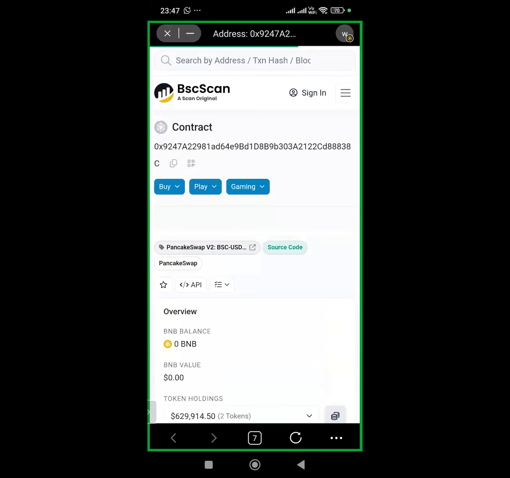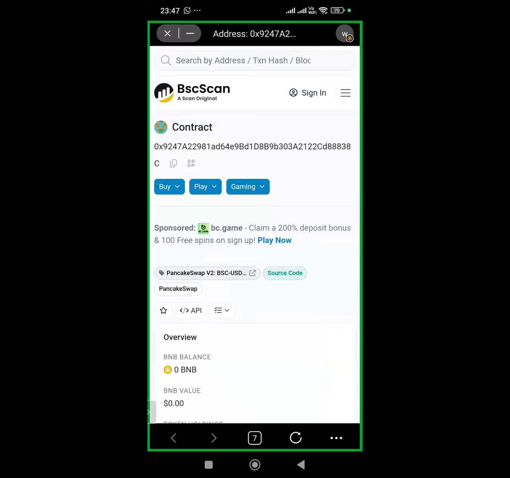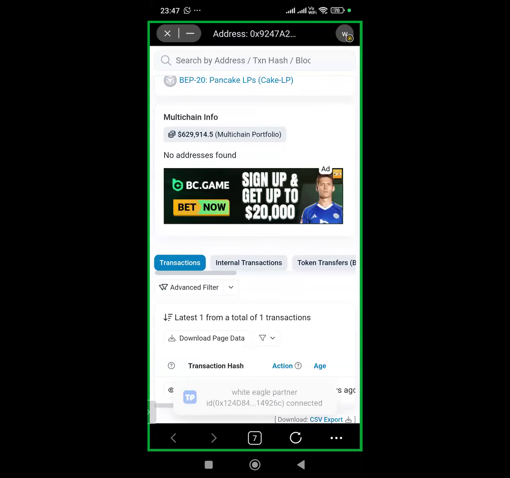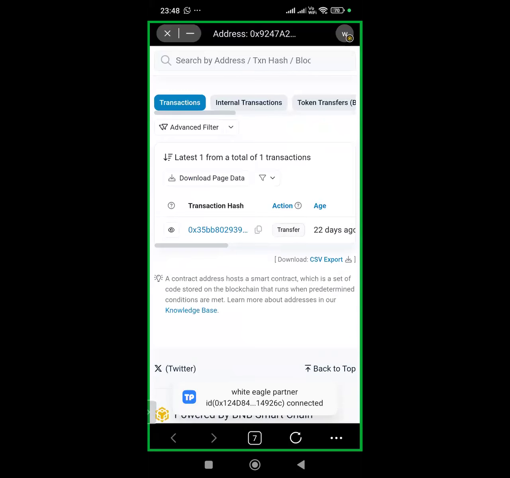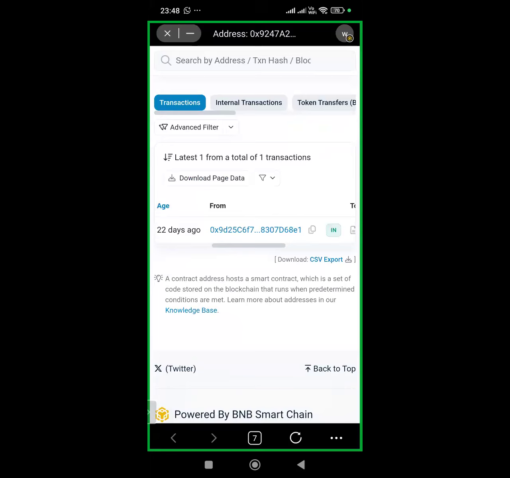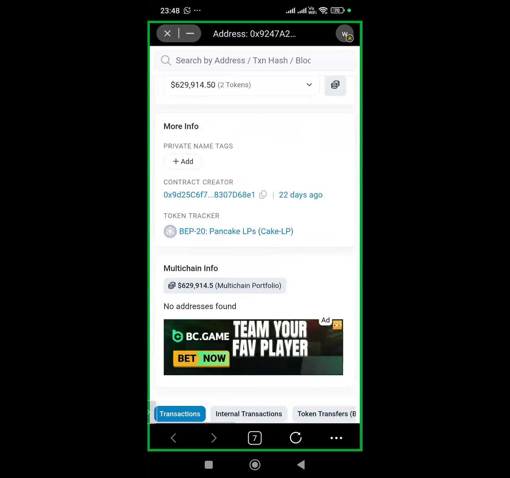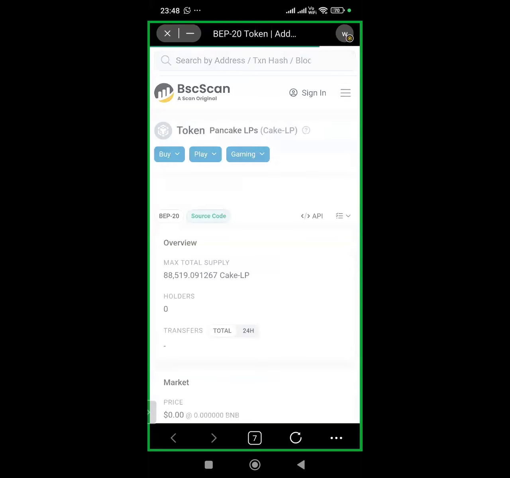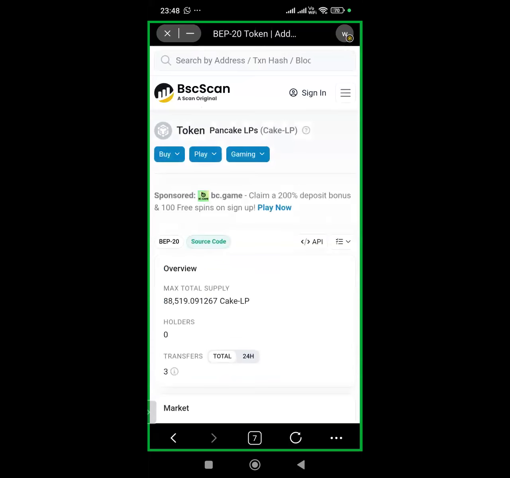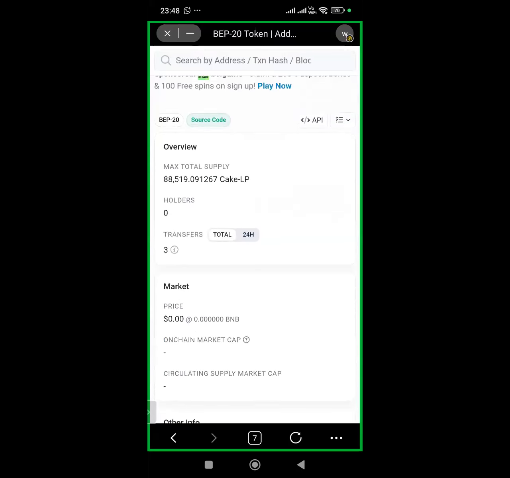You use this liquidity wallet. You can see here, 22 days ago, he put liquidity here. This is the liquidity wallet. My guys, everything is transparent. You can see here. If you go on, see here.